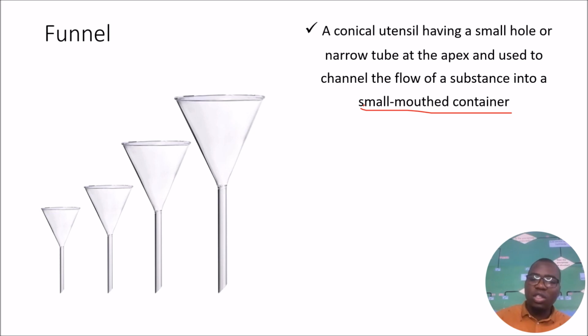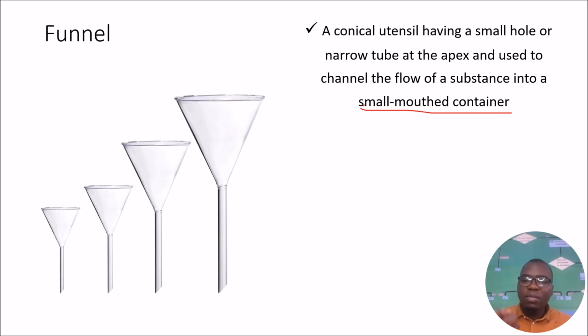A container simply means something that can contain a substance. Even in the lab, we can talk about beakers, test tubes, burettes, pipettes. All those are containers with respect to the lab. So a container is simply something that is able to contain a substance.